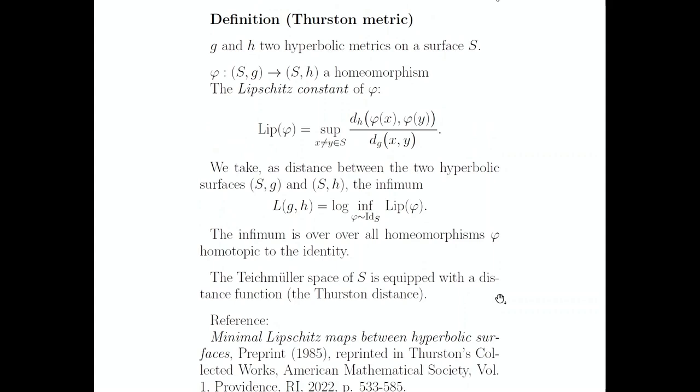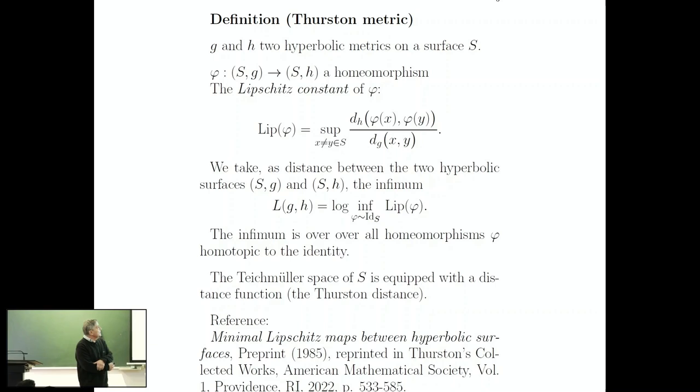Okay, so now I want to give the mathematics behind this. In mathematics we start with precise definitions, and this definition was given by Thurston, another Fields medalist, in a paper he wrote in 1985.